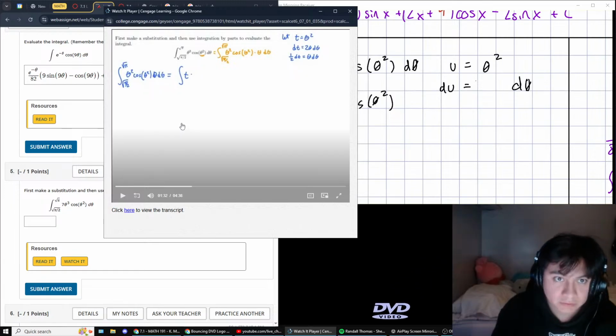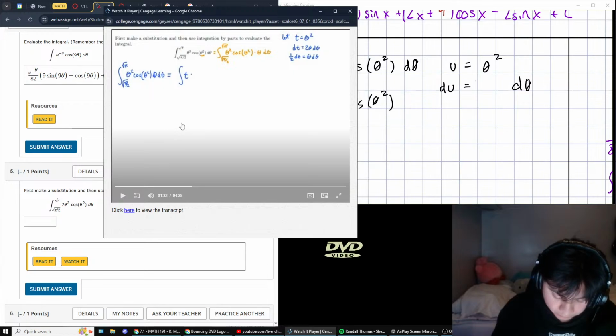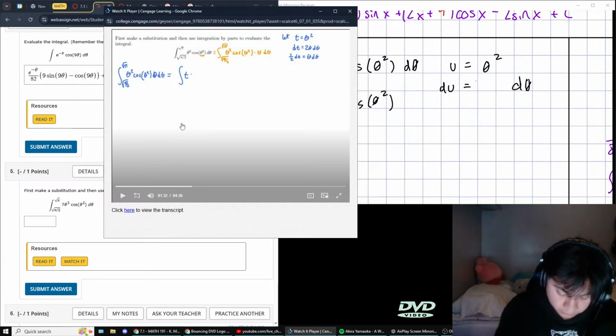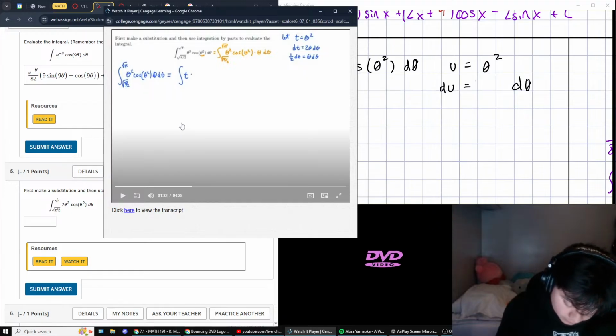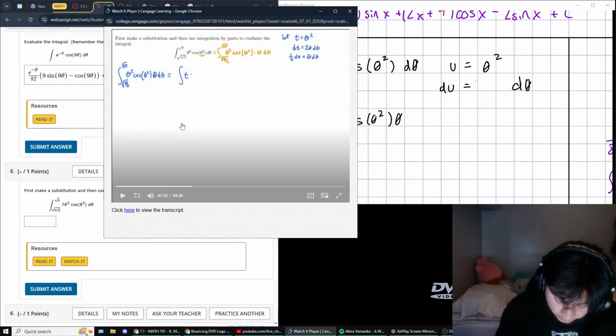Theta squared. They rewrote it as 7 theta squared cosine theta squared theta d theta.